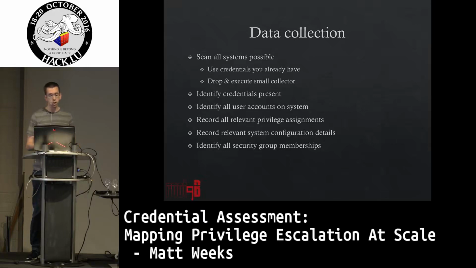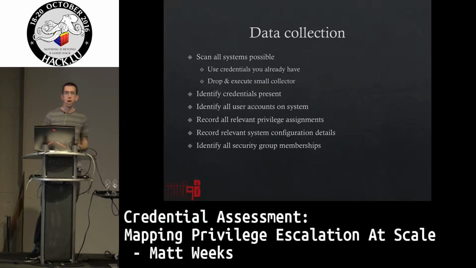And then what we'll do is find all the user accounts on the system, all the local accounts. If it's a domain controller, we'll pull all the domain accounts, or you can remotely query the domain controller using standard tools. Identify all the privilege assignments. So this is who's been granted what rights. A lot of times it's not necessarily clear because the admins are seeing this from the perspective of group policy.